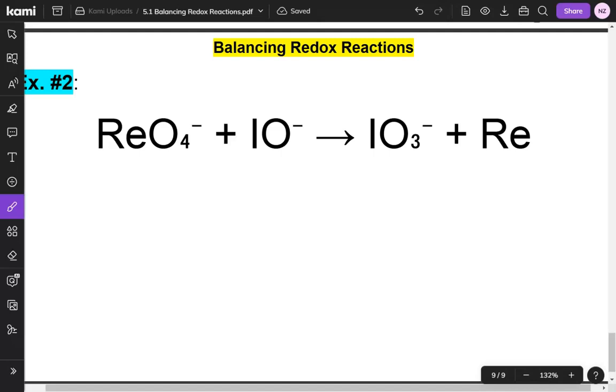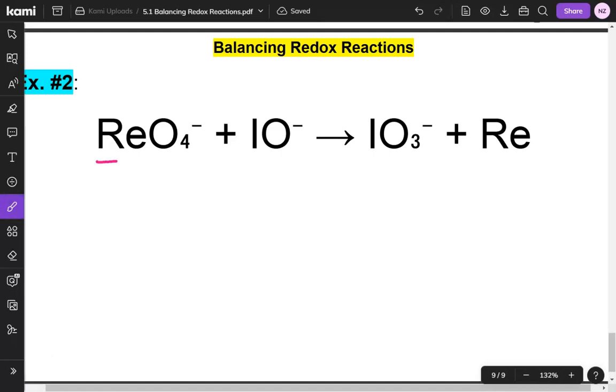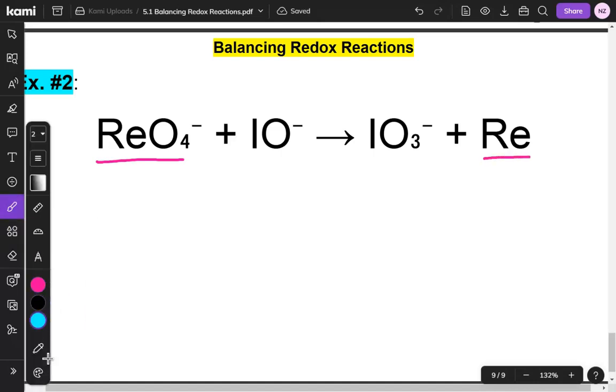So here's another example. We're going to split it into 2 half reactions. So I've got my rhenium, and in my other one I'm going to have iodine. So I'm going to split this into 2 half reactions.